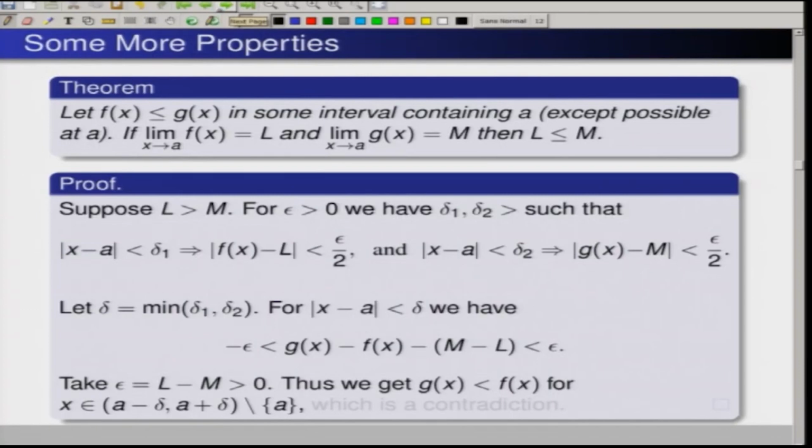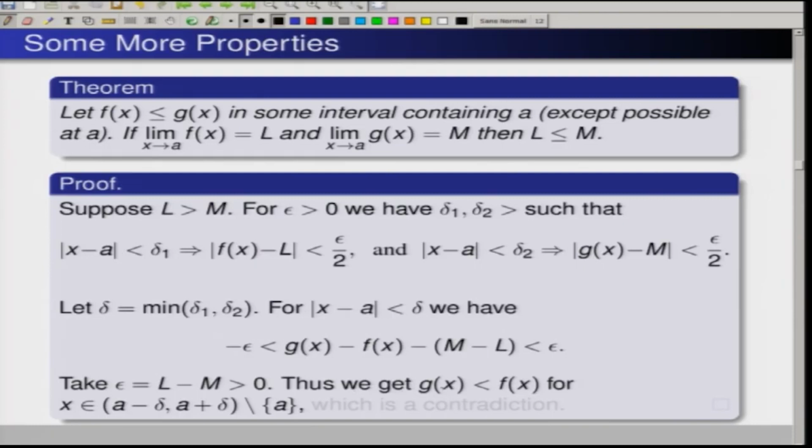Therefore, in this case, what do we get? g of x minus f of x is less than epsilon plus m minus L, and we have taken this to be epsilon. Therefore, this is going to be less than 0.